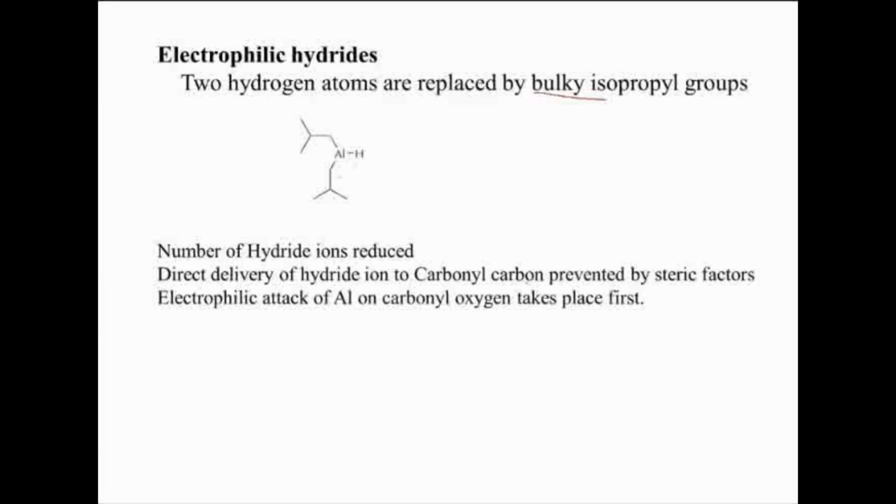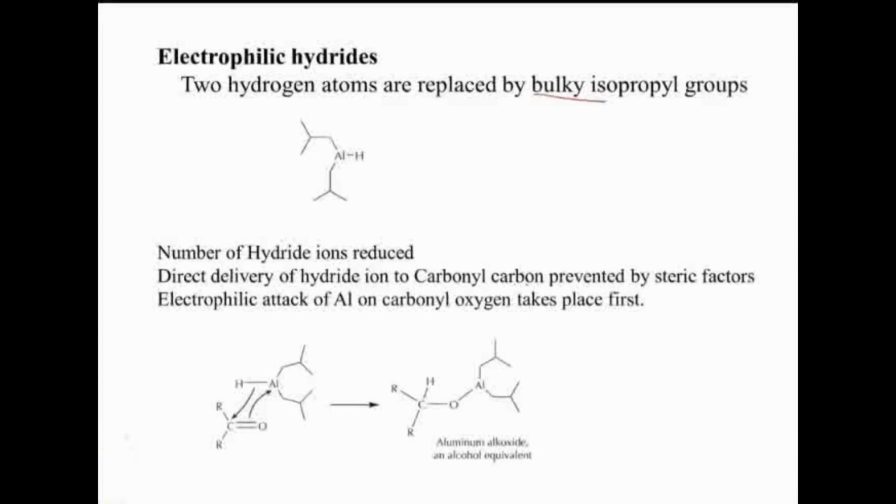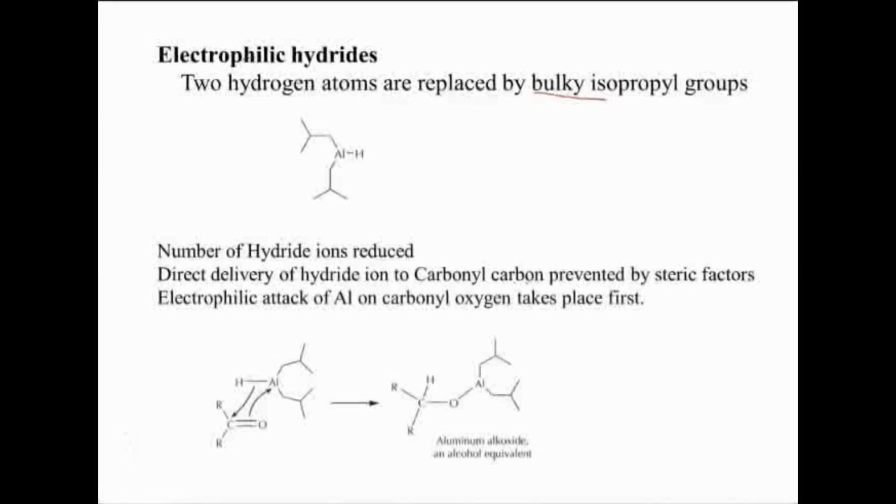So what happens? Initially, aluminium gets coordinated to the oxygen. We all know that third group elements, boron and aluminium, are electron deficient, so they have a liking towards electrons. That is why they are classified as electrophilic reagents. Now the aluminium will get coordinated to this oxygen, and after this coordination, hydrogen will be transferred to this carbon atom.